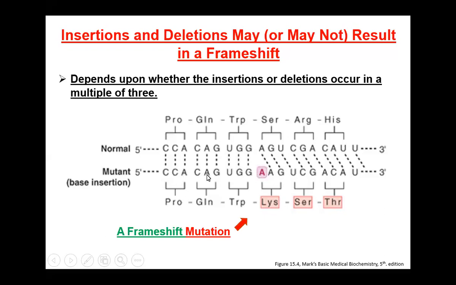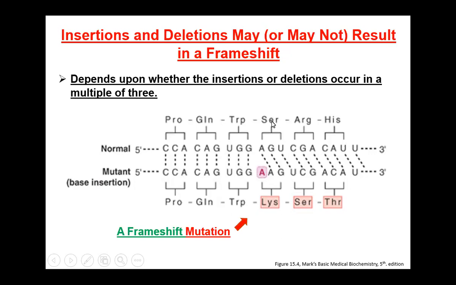These first codons are all the same, but with this additional insertion, our codons are thrown off in this mRNA. Not only is this amino acid changed to lysine, but all the other codons downstream of this are now off.